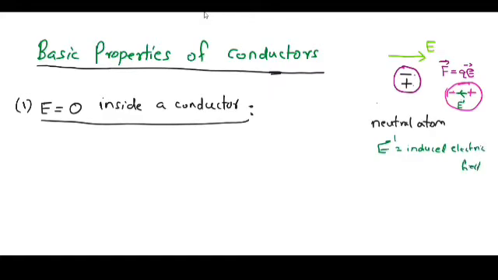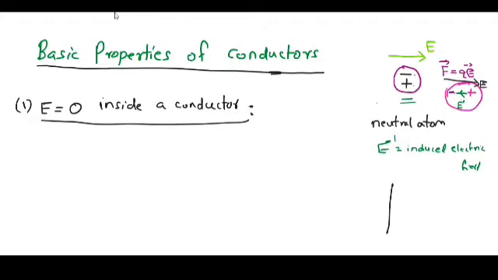If a conducting material consists of a large number of neutral atoms like this, and this conducting material is placed in an electric field, then there will be an alignment of positive charges in the direction of the applied electric field, and the negative charges move opposite to the applied electric field.